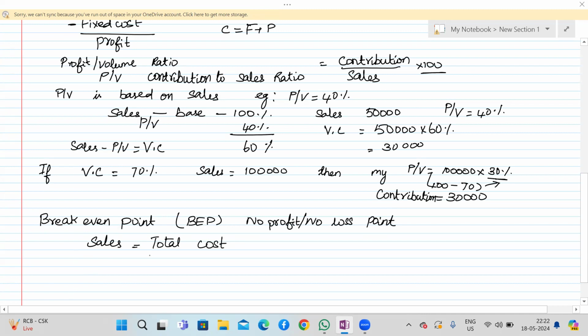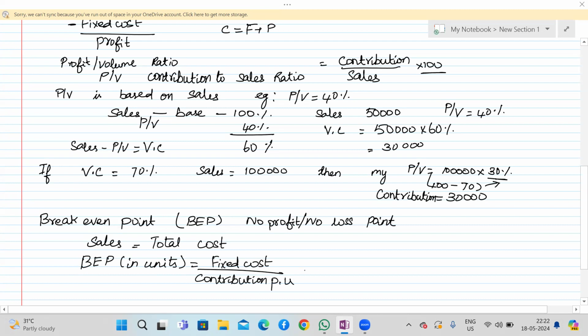So if I want to say it formula-wise, for break-even point in units, say for example, my formula will be fixed cost divided by contribution per unit. Always, whenever I want the answer in units, I will be using contribution per unit.